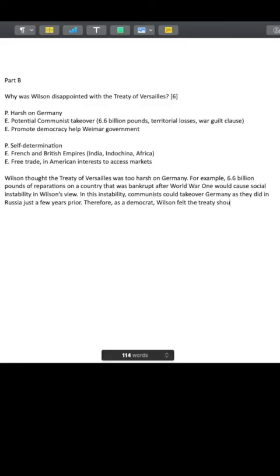So here's our explanation. Therefore, as a Democrat, Wilson felt that the treaty should not be too harsh on Germany.